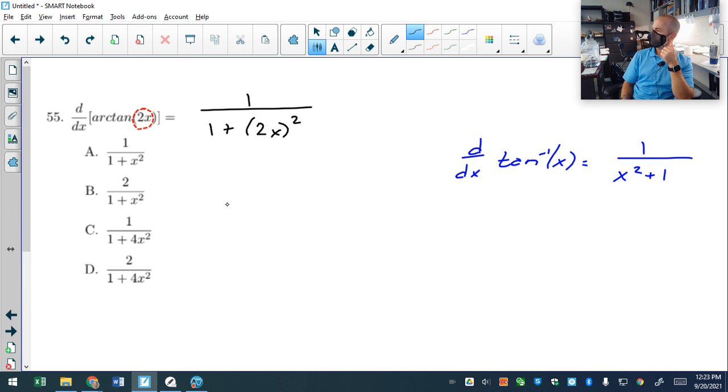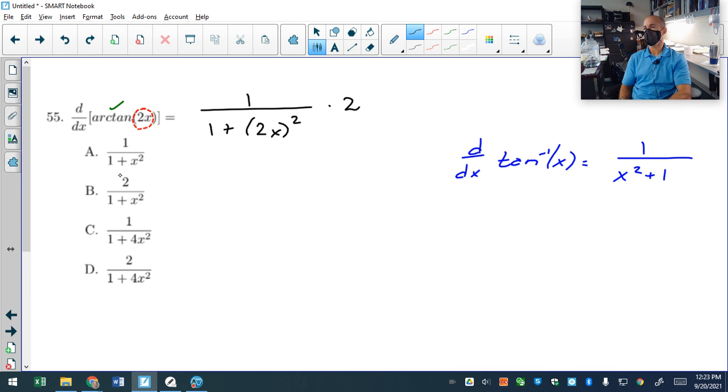Good. So that takes care of the arctan part. So it's now done. But I have not done the derivative of its inside, and the derivative of 2x is 2.